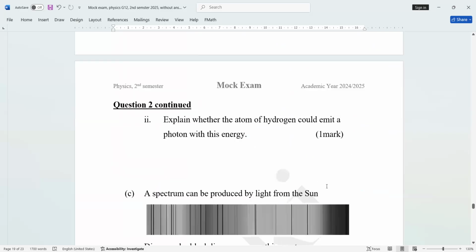Explain whether the atom of hydrogen could emit a photon with this energy. Differences between energy levels are discrete. So there is no difference of 5.7 electron volts, the value that we got.